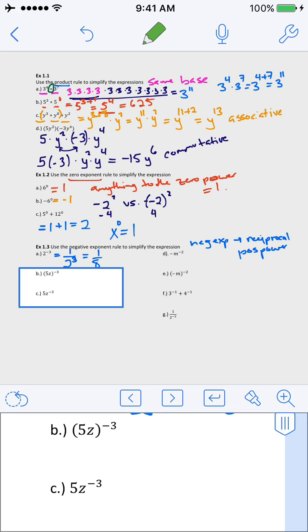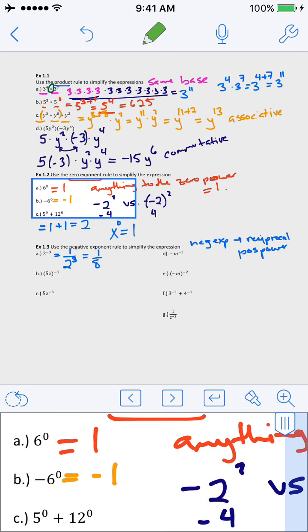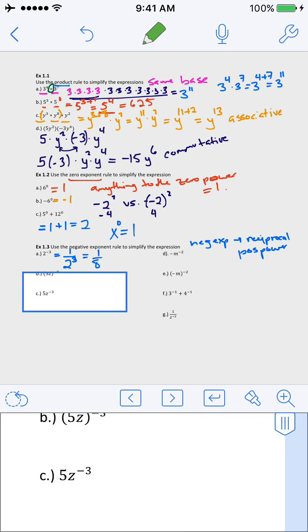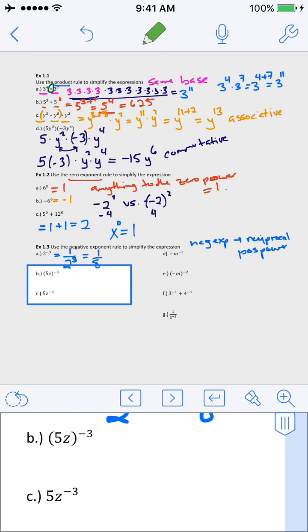So it's just kind of like the negative back in the 6th problem, right? So here, everything in B is being raised to the negative 3rd power. Therefore, everything will be reciprocated to the 3rd power. So everything in the parentheses goes on the bottom.